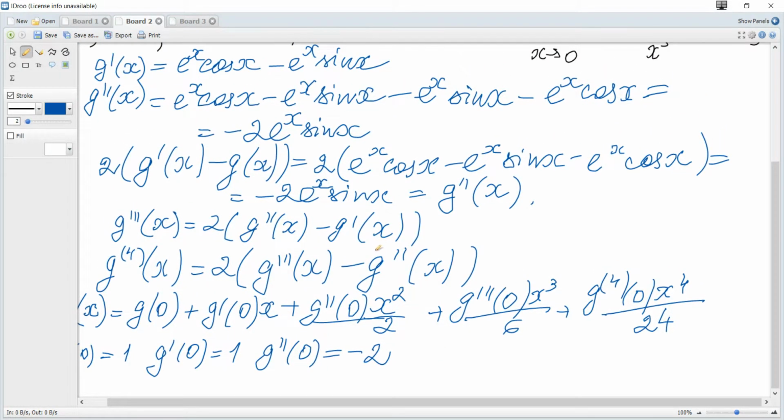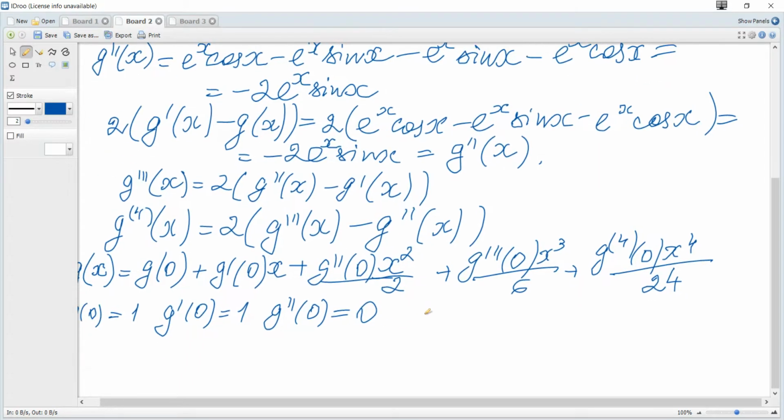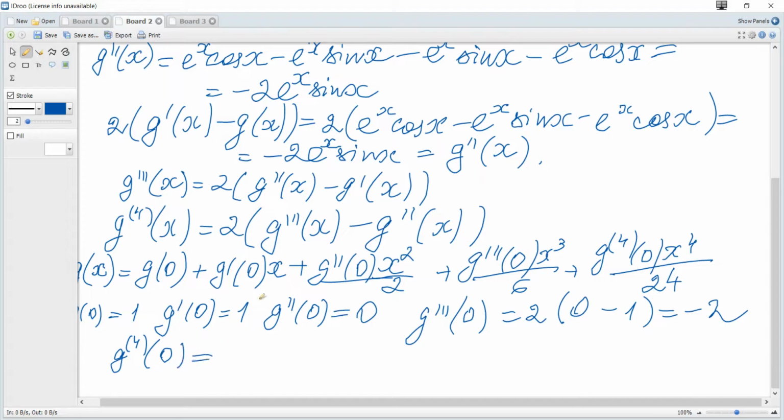No, it's not negative 2, it's 0, because sine of 0 is 0. It's 0. The third derivative at 0 is equal to 2 times the second, it's 0, minus the first, it's 1, so it's negative 2. And the fourth derivative at 0 is 2 times the third, negative 2, minus the second, it's 0, so it's negative 4.